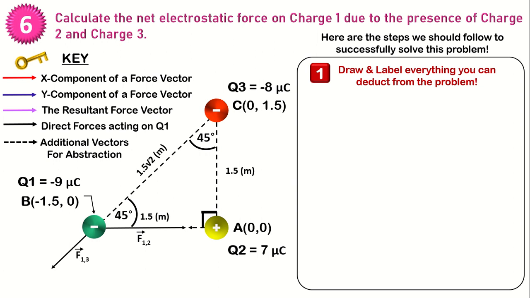We can also use our knowledge of the 45, 45, 90 degree triangle, in which the legs are x and x, and the hypotenuse is x times root 2. So the distance between Q3 and Q1 is 1.5 times the square root of 2 meters. Alright, so let's continue.